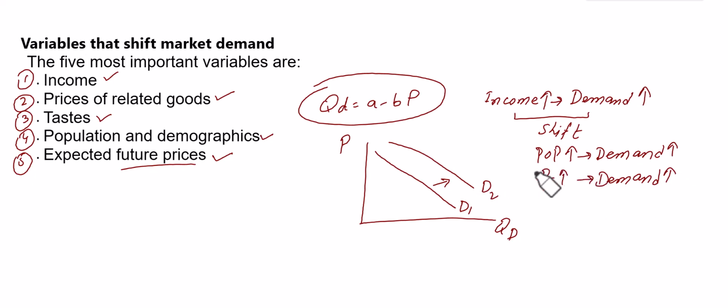So when expected future prices are going to increase, it will increase the demand, and in this way our demand curve will shift from D1 to D2, as there is no change in the price of that good today. So there will be a shifting of the curve. These are the most important factors which are going to shift the demand curve.